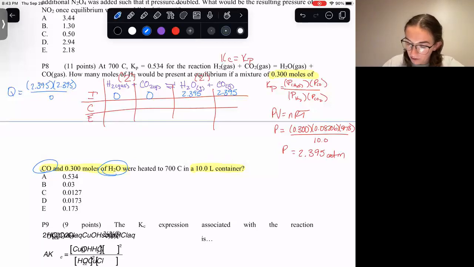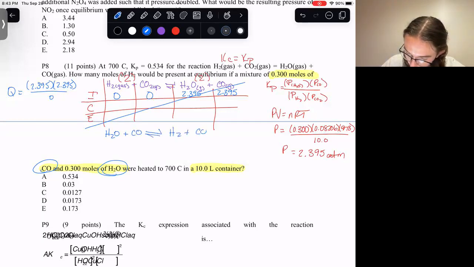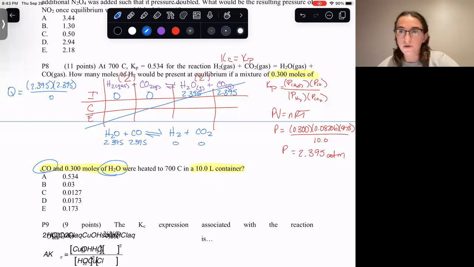So the actual equation that's happening is H2O plus CO goes to H2 and CO2. This is now 2.395. This is 2.395. This is 0. This is 0. And then now it's reactions going to products.